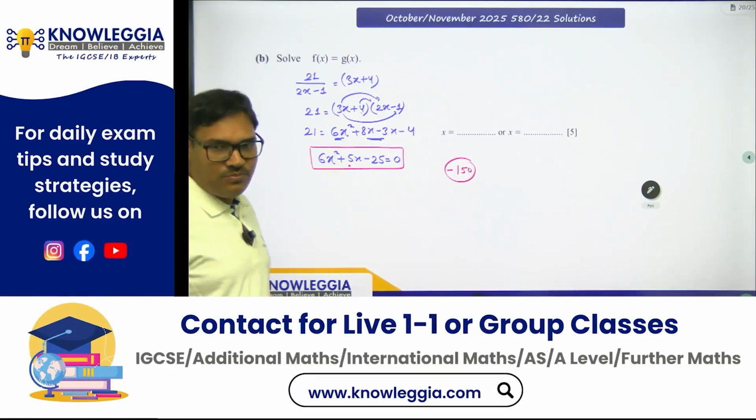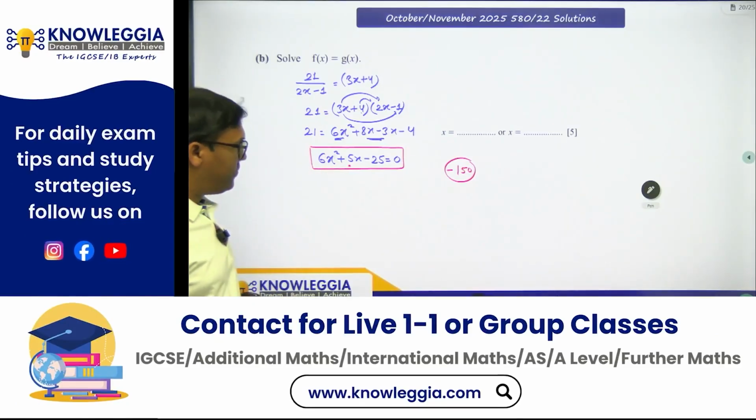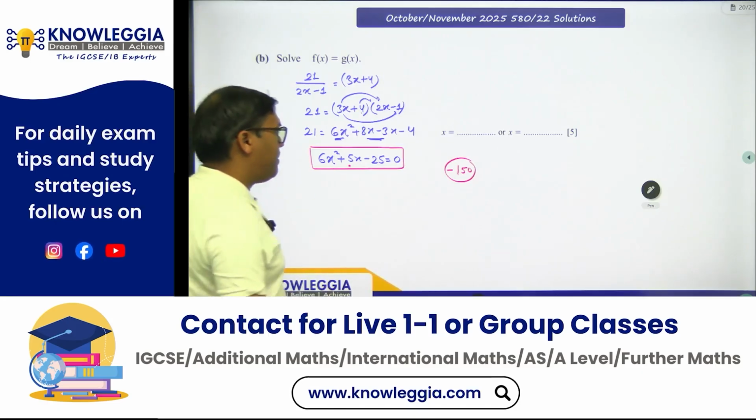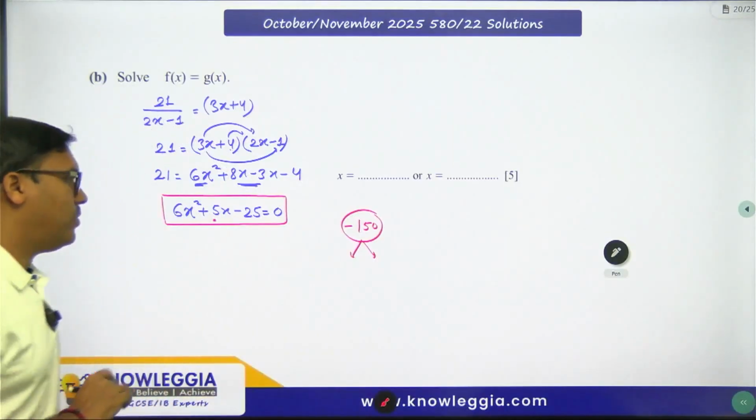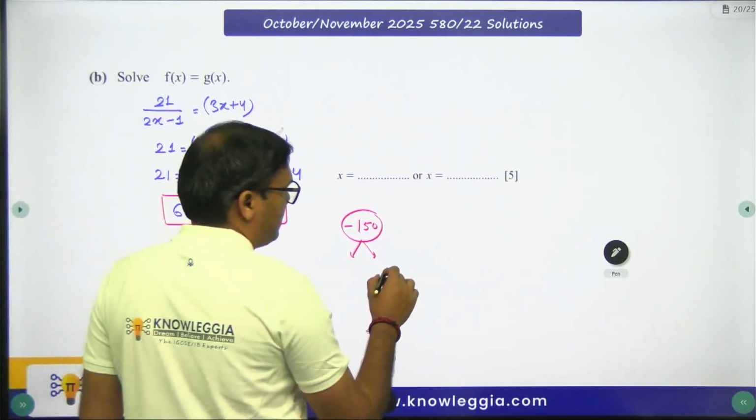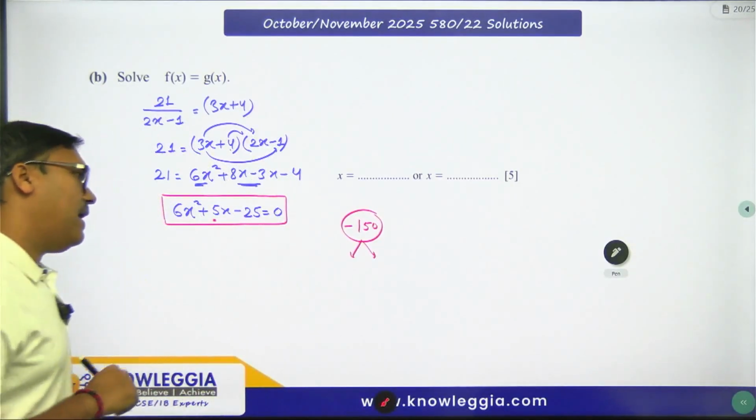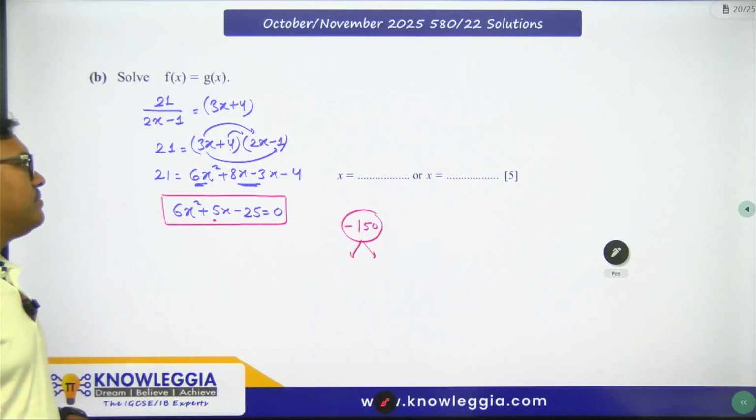So you have to think about two numbers whose product is minus 150 and whose sum should be equal to 5.